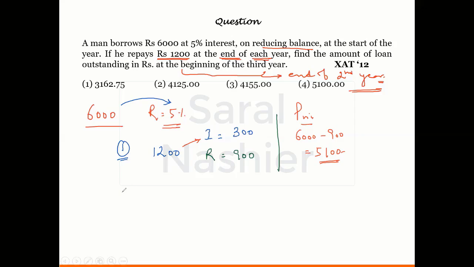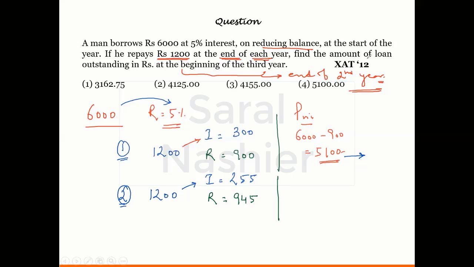Okay, now let's talk about the second year. The guy again pays 1,200 at the end of the year, but still he has to pay some interest. How much is the interest? Now he'll have to pay interest on this 5,100. At the rate of 5%, he needs to pay 255 rupees as interest. So the remaining amount, 1,200 minus 255, is 945 rupees.